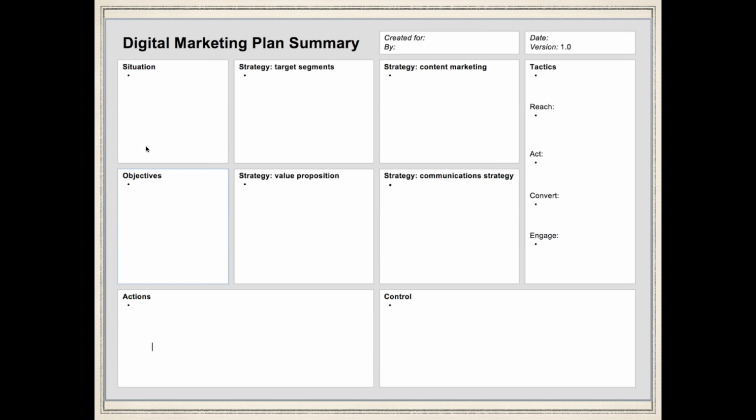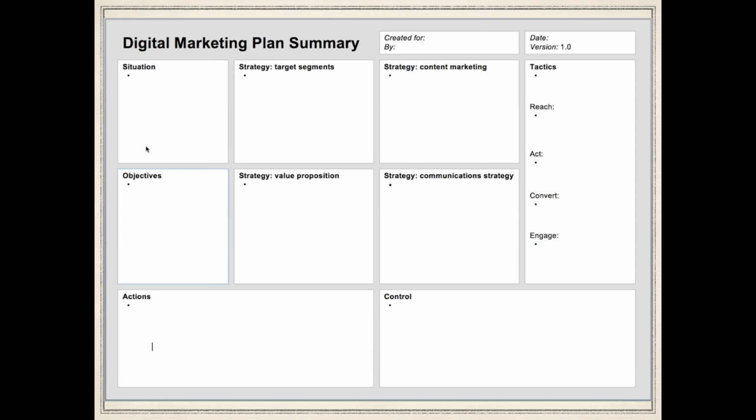Once you've established that overall core strategy, identifying who you're targeting, what you're going to offer them, how you're going to present the content to them, the medium, what you're going to present, and what delivery method you're going to use to get this content to them, then we dive down into tactics.